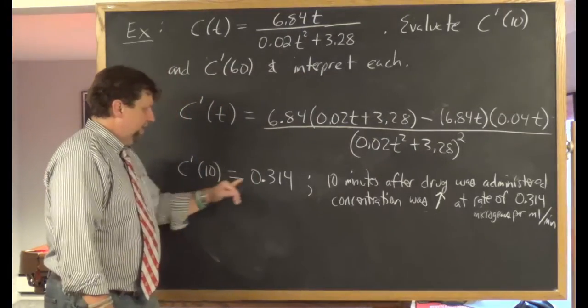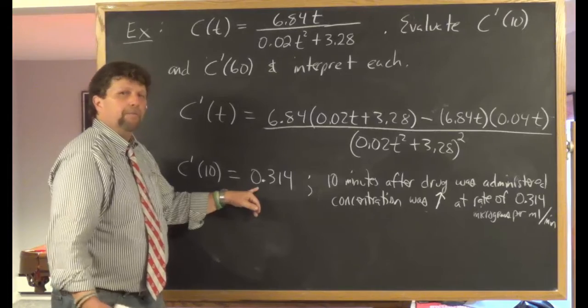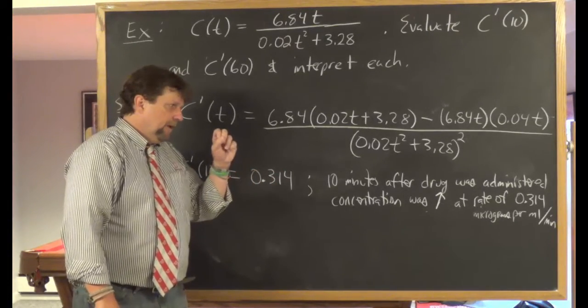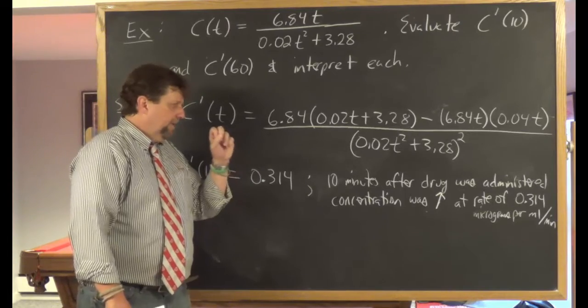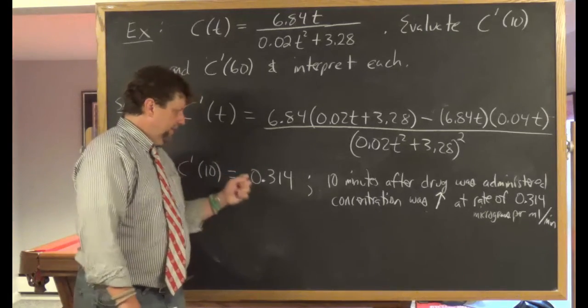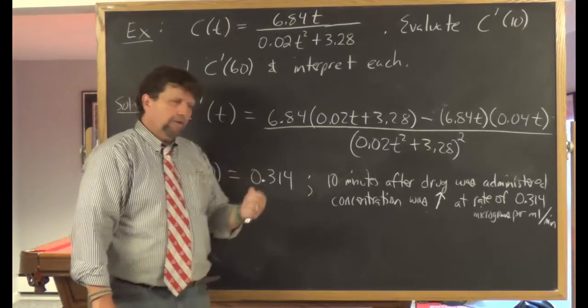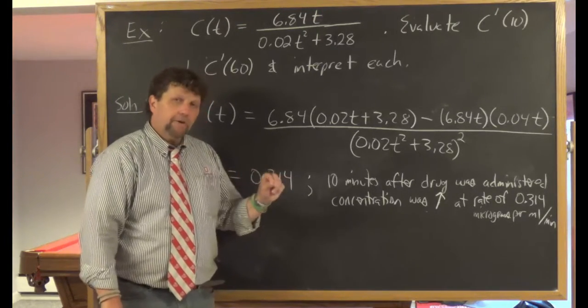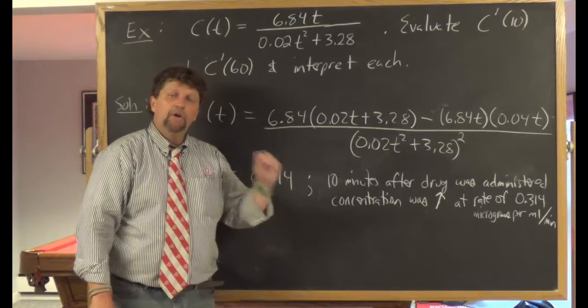So C prime of 10 is 0.314. So that means 10 minutes after the drug was administered, the concentration was increasing, positive, was increasing at a rate of 0.314 micrograms per milliliter per minute.